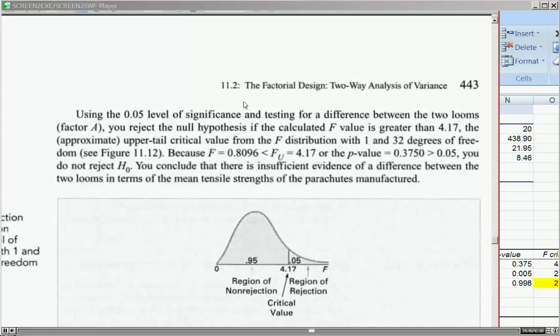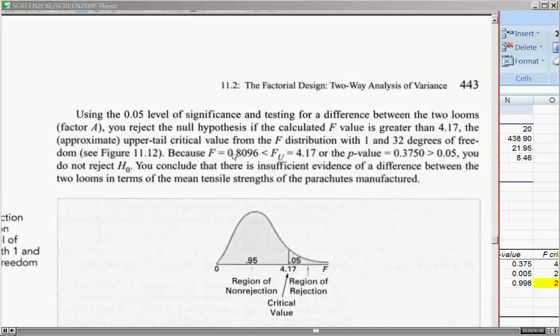So for factor A, the null was mu1 equals mu2 equals mu4. That's the mean tensile stress due to factor A, and factor A is the brand.